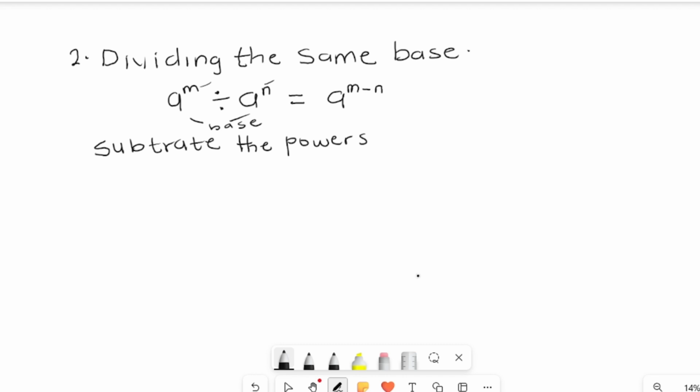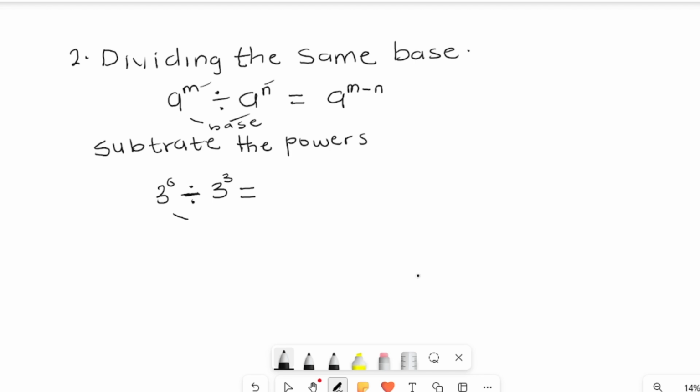So if we want to use numbers, we can say we have 3 raised to power 6 divided by 3 raised to power 3. So if we want to follow the law, first of all we check, do they have the same base? Because the law says dividing same base.